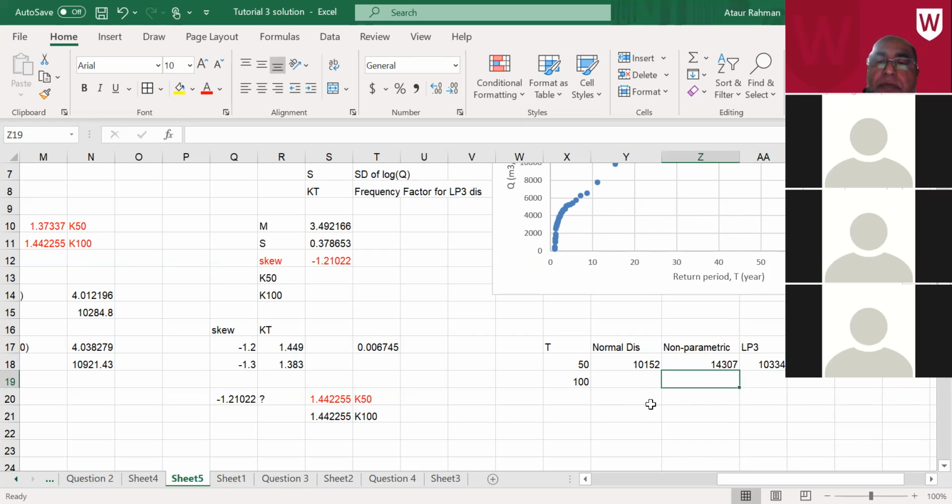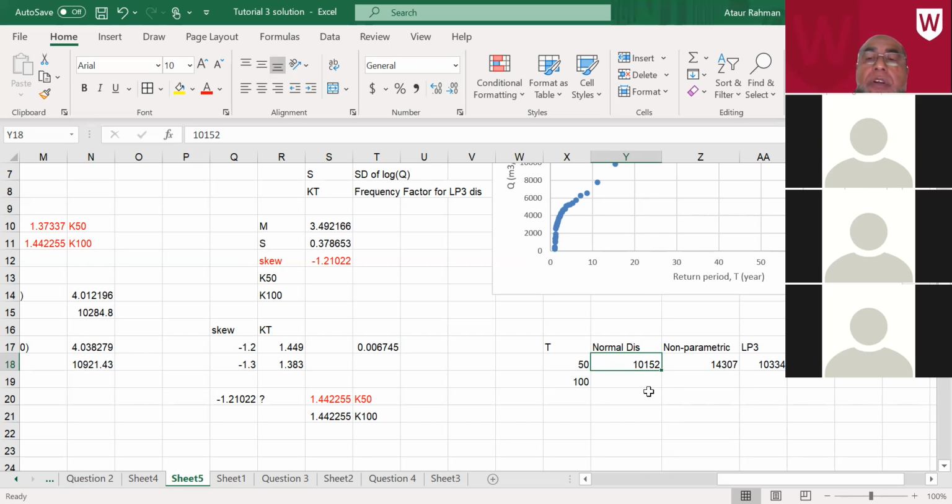So students, you cannot hear me or you're not understanding what I'm doing? Yes, I can hear, sir. We can hear. So are we finding Q, like Q50? So what are the Q50 values according to normal distribution? Is that right? 10,152, is that right? Can you go back to your sheet?